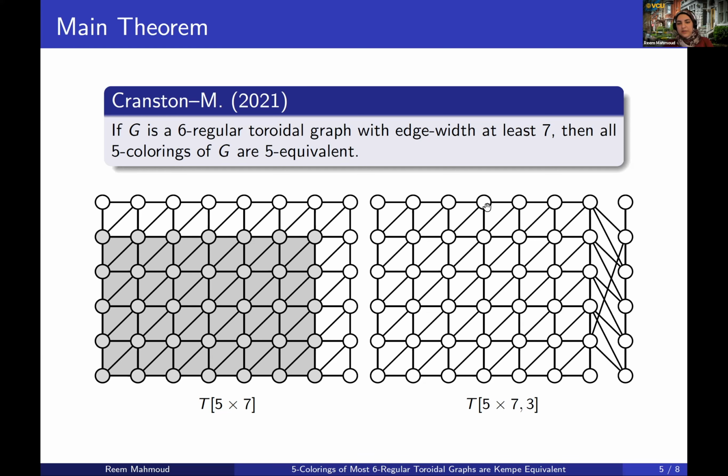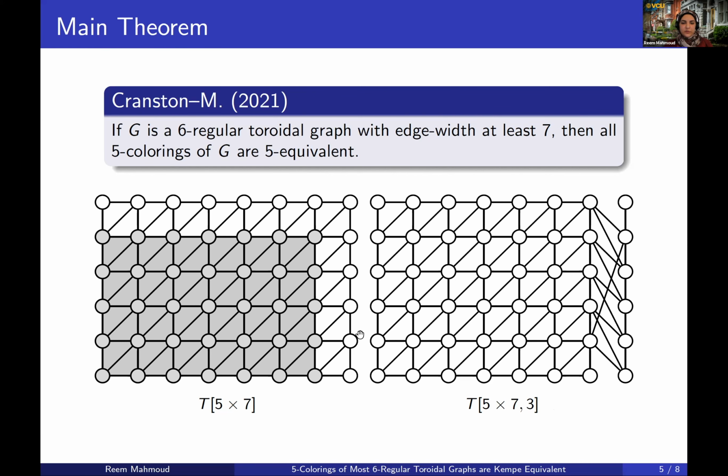The other possibility is that our graph looks like this thing on the right, which is basically the same as the standard structure, except there's what we call a shift happening between the edges between the first and the last columns. In this particular case that I've shown, there's a shift of 3 for the edges. And it could be a shift of 4 or 5 or anything like that.